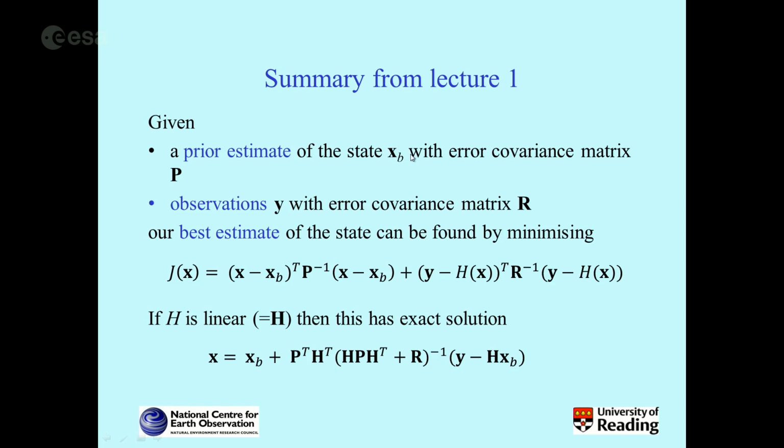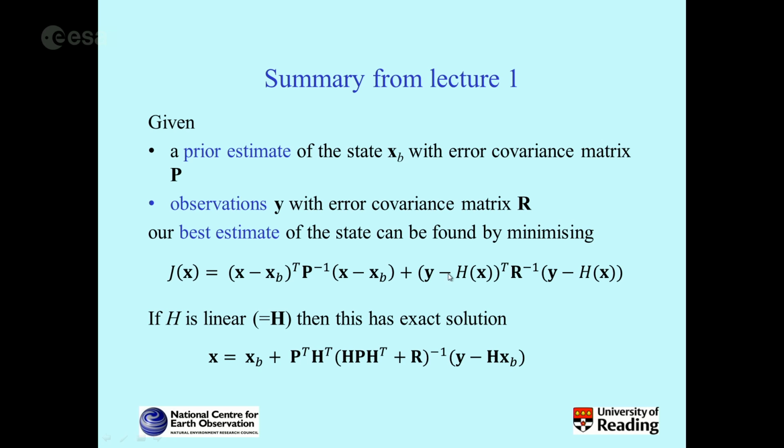And we have some prior estimate of the state X, which we call XB, which we assume to have a covariance matrix P. And we have some observations of the state Y, which we assume to have a covariance R. And then what we've shown is that our best estimate of the state could be found by minimizing this cost function. Now, we used some Bayesian arguments to get to this.